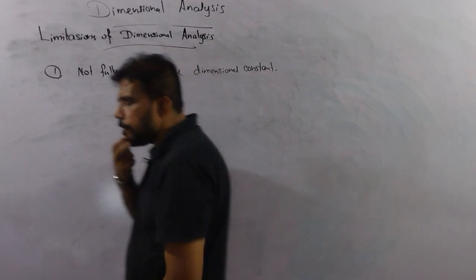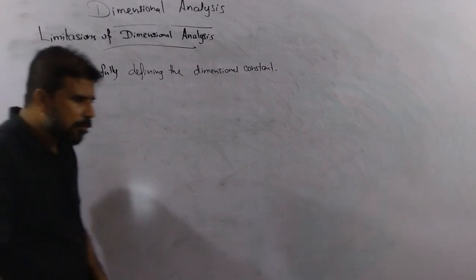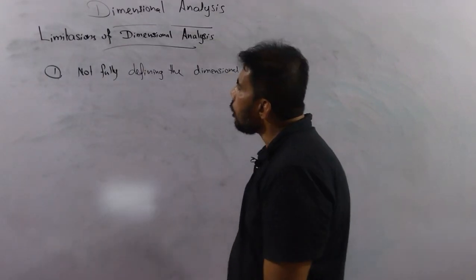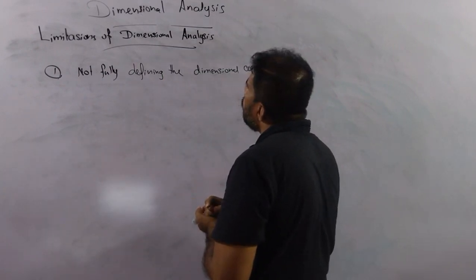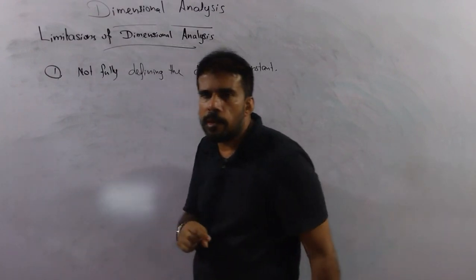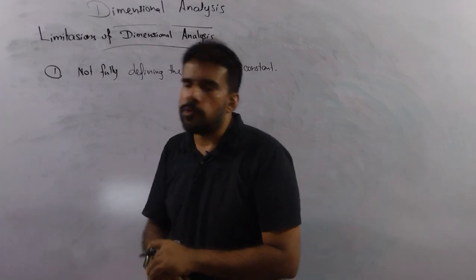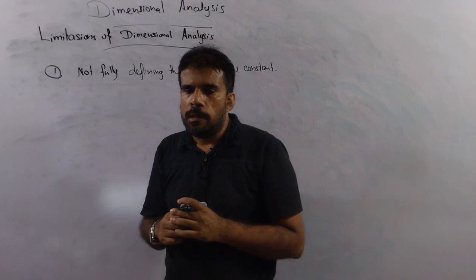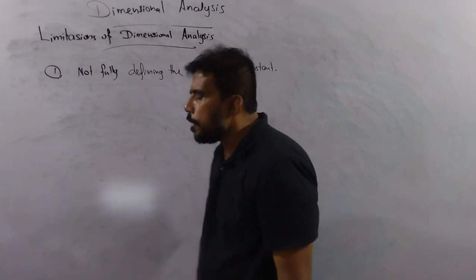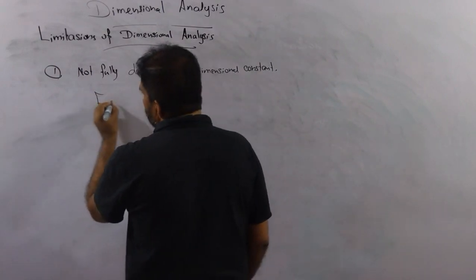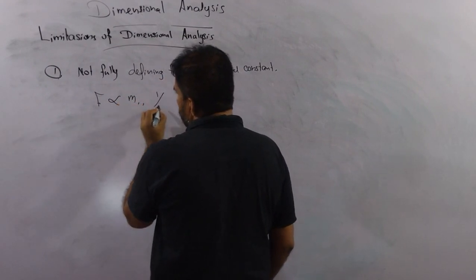I'll explain to you the meaning of this statement. It's like this. We can derive or collect some information about physical quantities, and we can assume, postulate, or build some relationship and say, okay, the particular quantities are related, maybe directly or inversely.